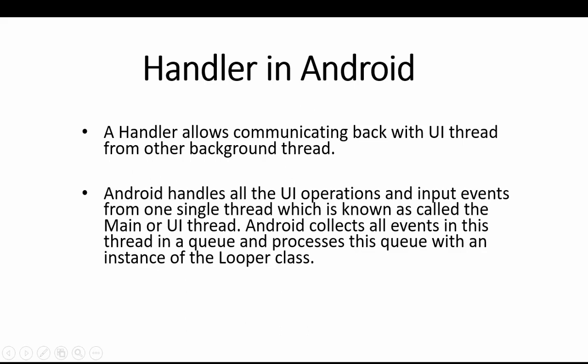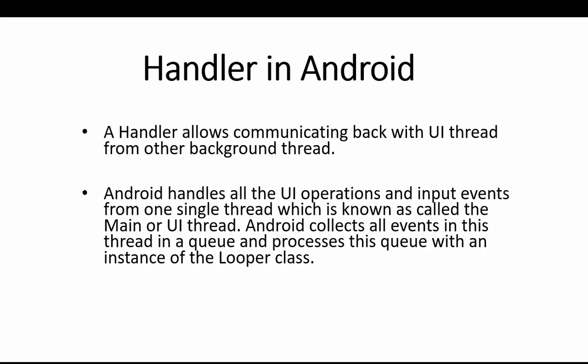As I told you in the last video, the life cycle of the activity comes in the UI thread. First it collects all events, and then processes the queue with an instance of a looper class, which executes them one by one.